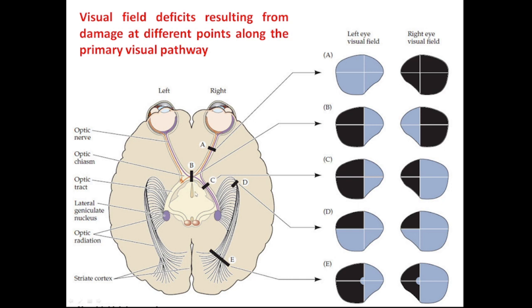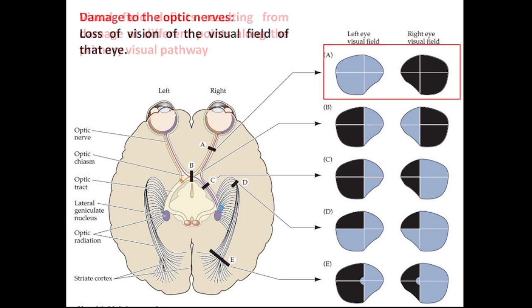So let us see what happens if you damage different parts of the visual pathway. If you damage the optic nerve, the loss of the visual field of that particular eye is affected. Look at this: here the optic nerve has been damaged, so this region will be affected.